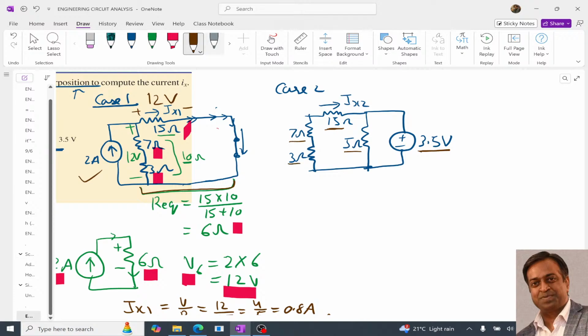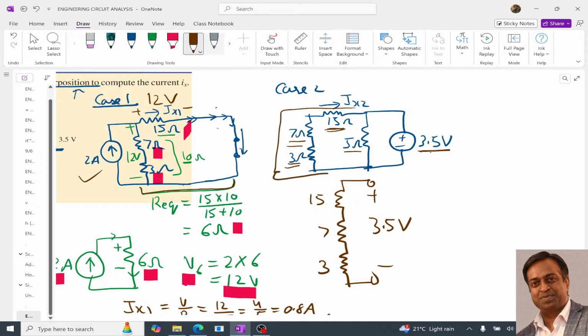It means that the voltage drop across this series combination of 15, 7 and 3 is 3.5, right? So the voltage drop across this branch is 3.5 volt, because this branch is in parallel with 3.5, right?